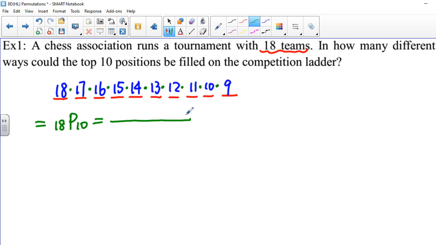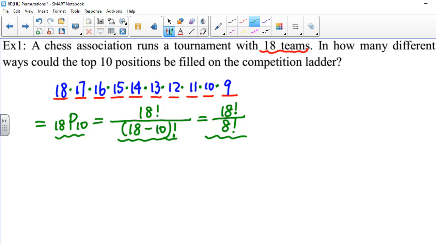Based on the definition for this notation, 18P10 equals 18 factorial divided by 18 minus 10 factorial, equals 18 factorial divided by 8 factorial. All those three expressions represent the same numeric value.